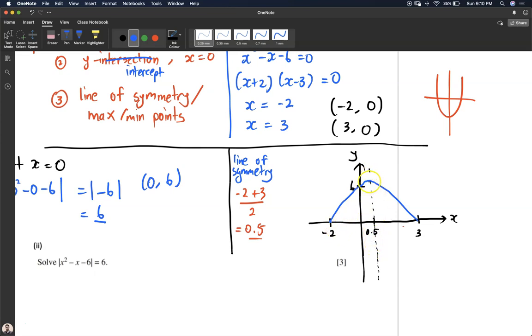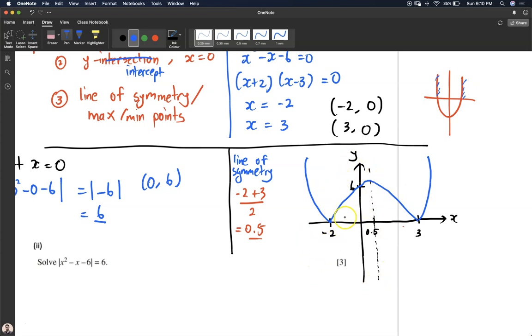If not, a common mistake is to tip and max at the point of intersection at y. That's wrong, and you'll get a very weird little shape. This should look like a nice curve like that, and like that. So that's basically how it should look.